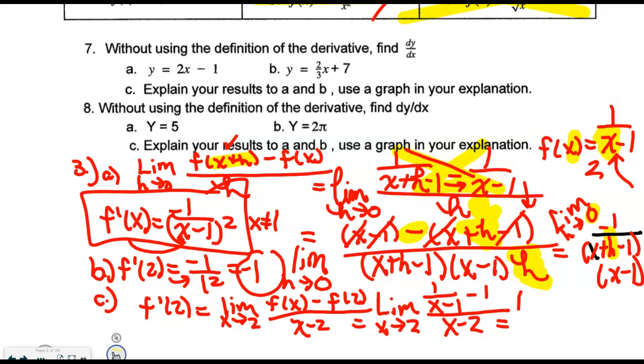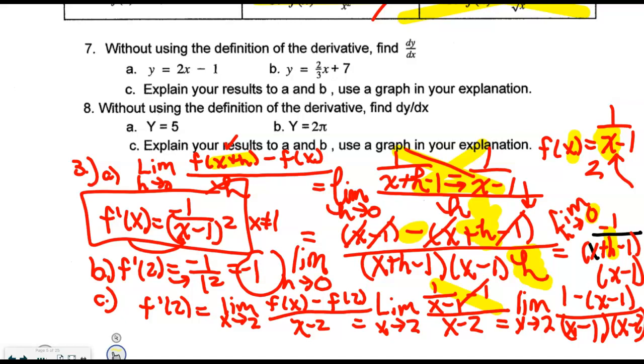I'd have a limit as x approaches 2 of 1 minus 1 over x minus 1, all over x minus 2, collapsed as a product over x minus 2.